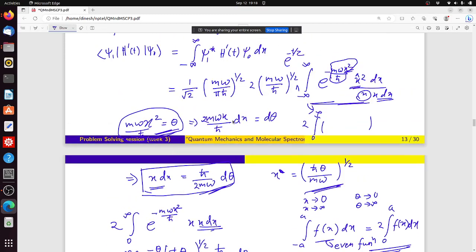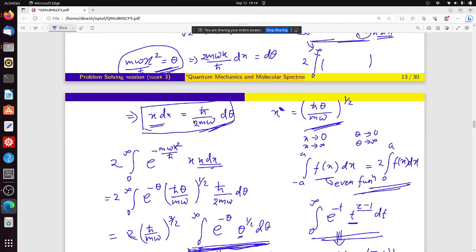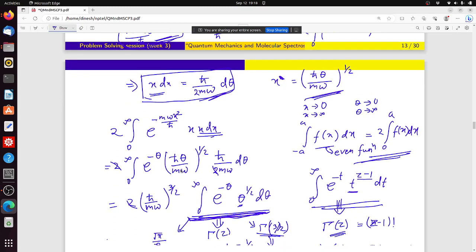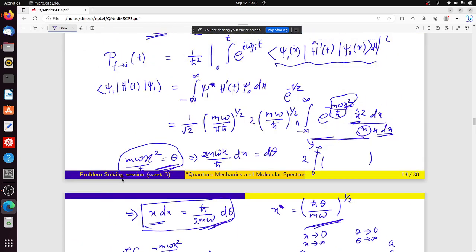Go to the next line. Here is the 2, yes. So the 2 is already cancelled, so 1 over 2 will remain. So this is 3 over 2 root pi over 2, from this I got.